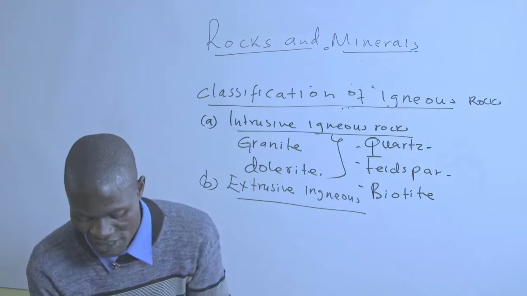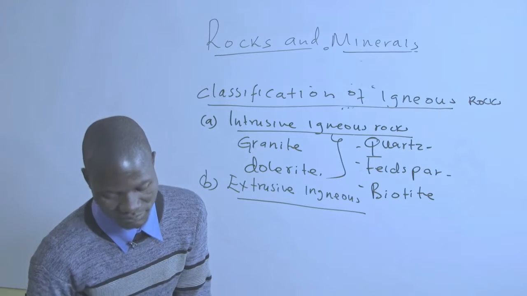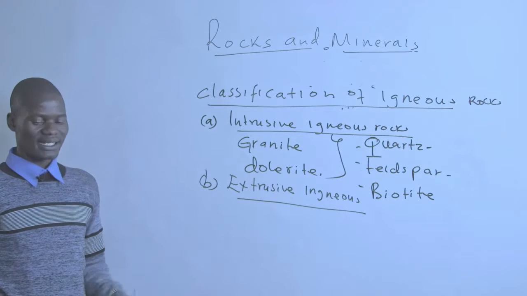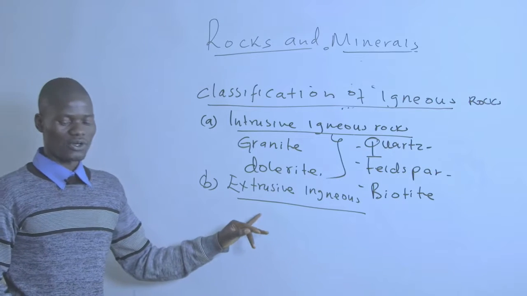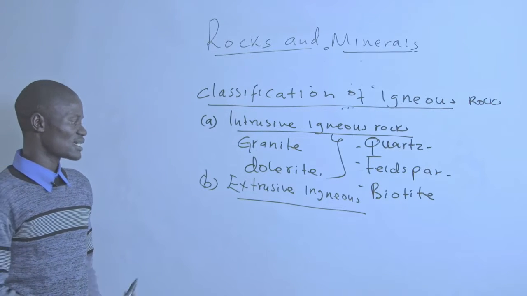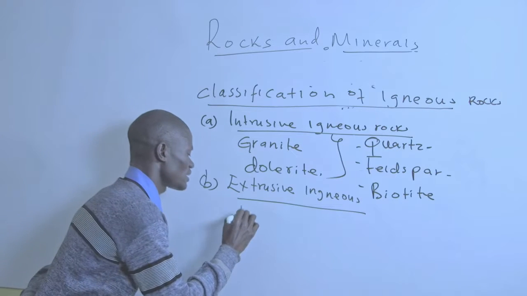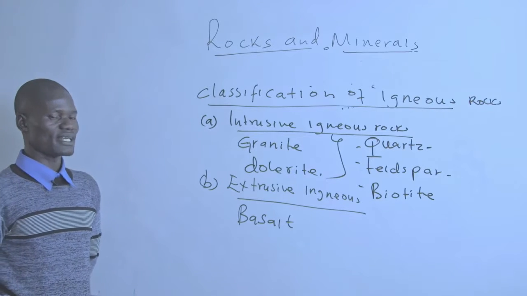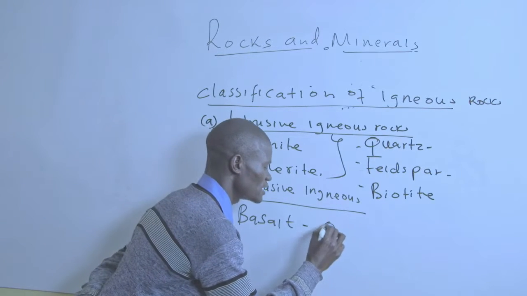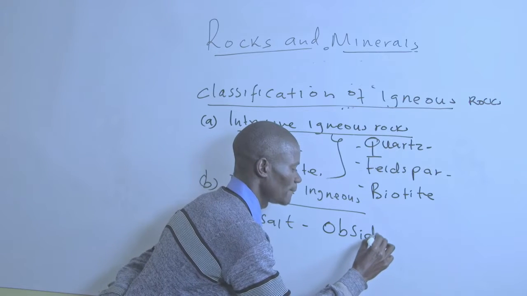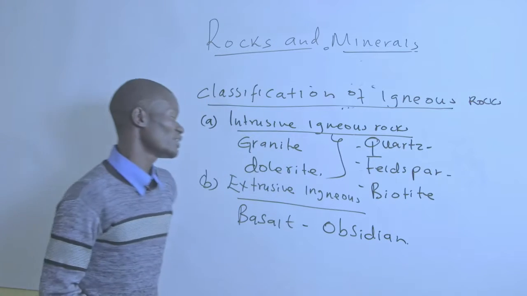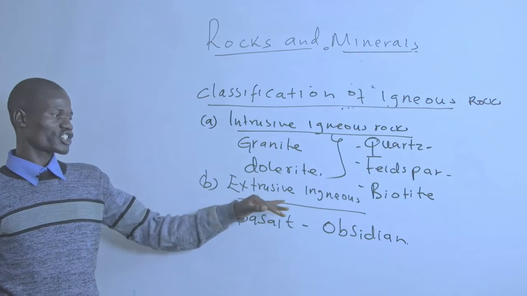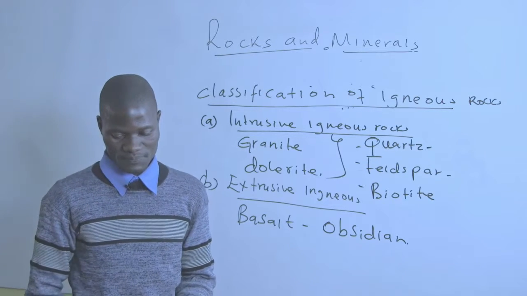Because of this cooling rate, we are able to identify this type of rock. Examples are basalt and obsidian. Those are the two main examples of rocks found under extrusive igneous rocks.